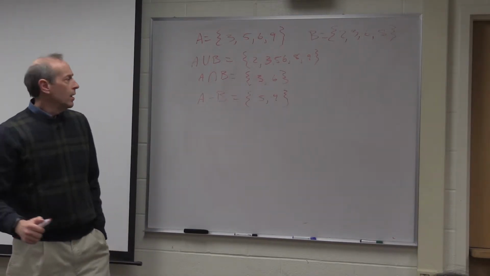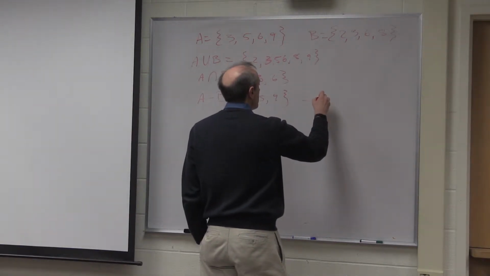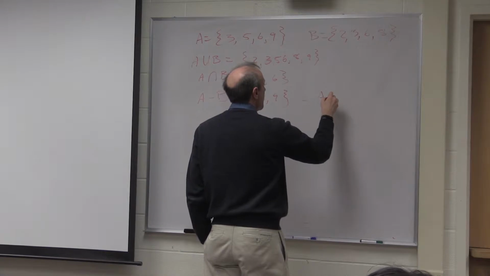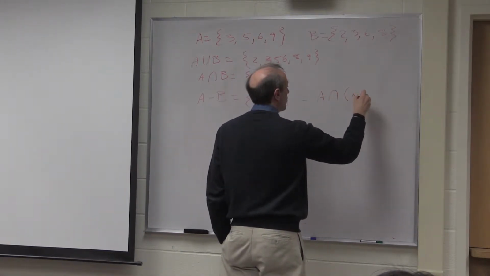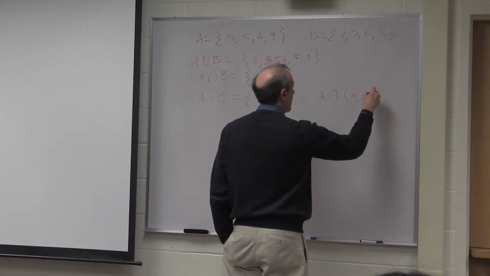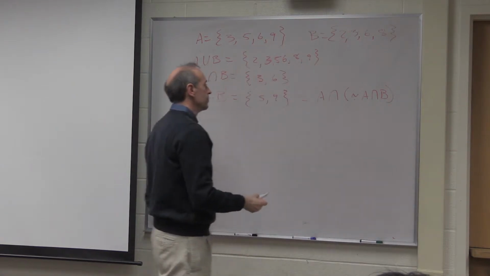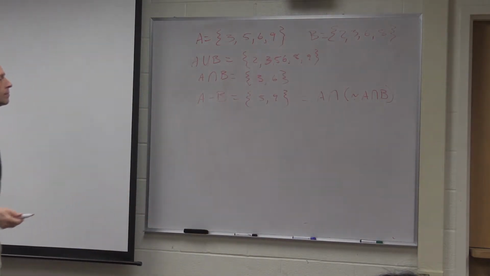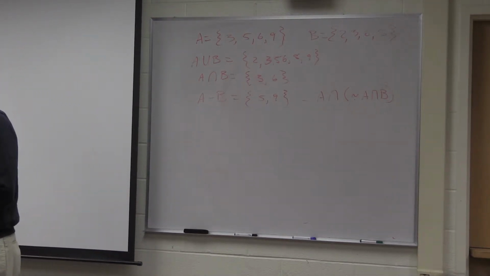It turns out that A minus B is A intersect the complement of A intersect B. So set difference can be implemented as the use of intersection and complement.